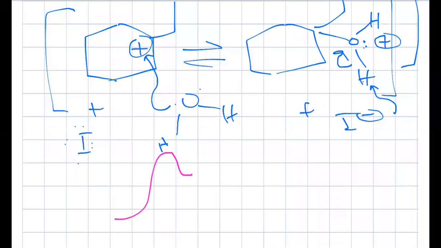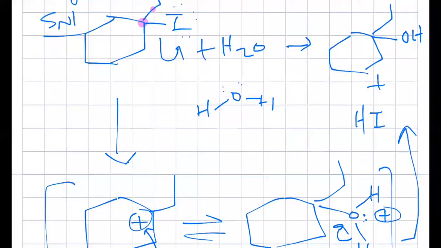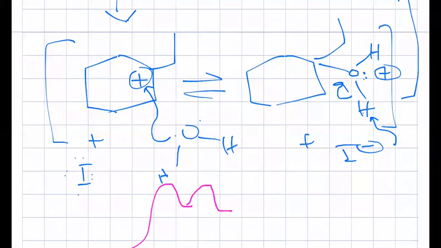What's the next step? The nucleophilic attack of the water. Yep. So that's gonna get me to that intermediate. So let's number them. This is step 1. And then this will be step 2.